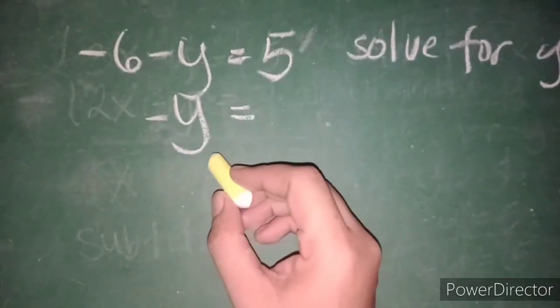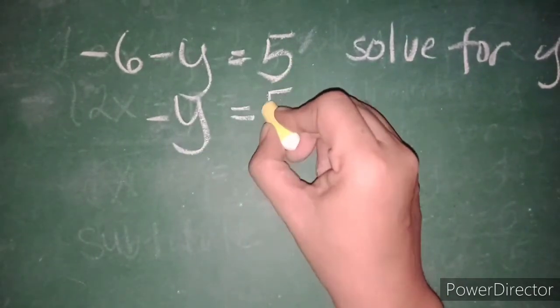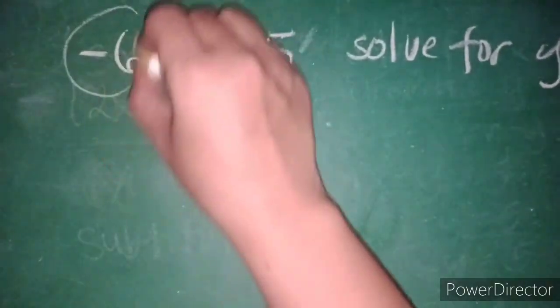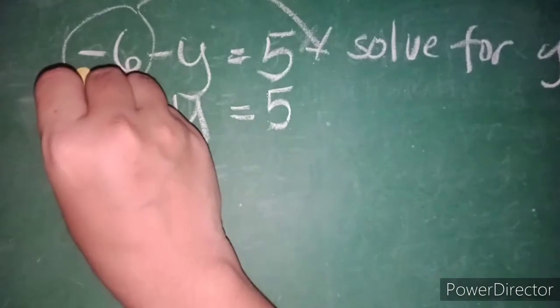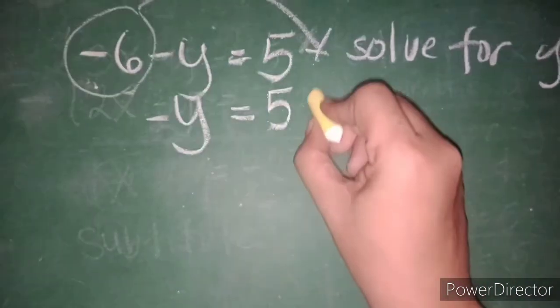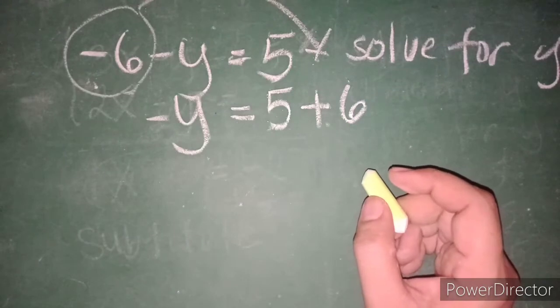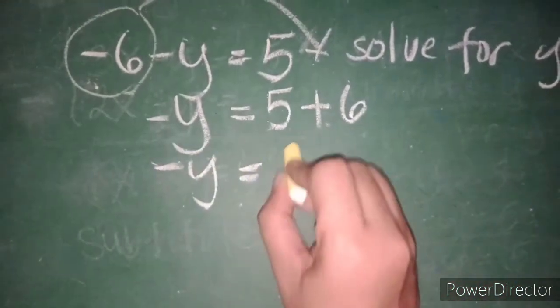Okay, so this time, i-rewrite ko muna yung constant na 5. And then, saka ko ililipat yung negative 6 doon sa my right side. So, negative 6, papalitan ko ng sign, which is negative, mapapalitan ng positive. Okay, and then, negative y equals 5 plus 6 is 11.